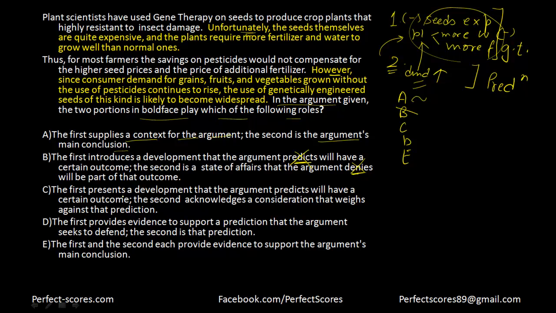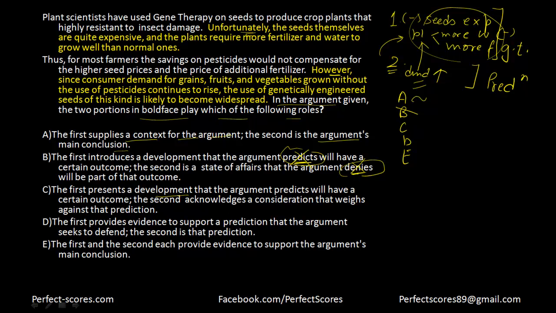C says the first presents a development that the argument predicts will have a certain outcome. The second acknowledges a consideration that weighs against that prediction. Now remember, although we cancelled out option B because of the word predicts, the major reason was the word denies. Let's look at option C. It says the first presents a development.